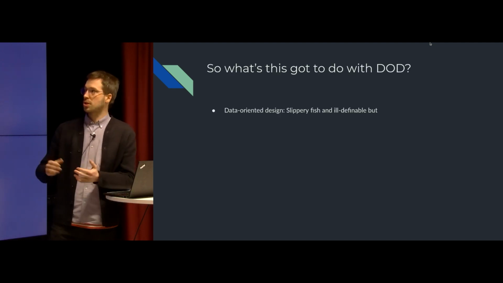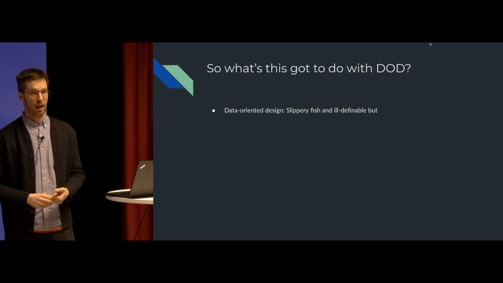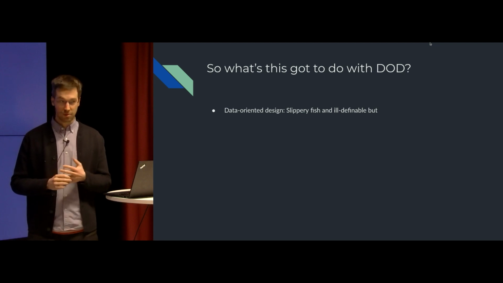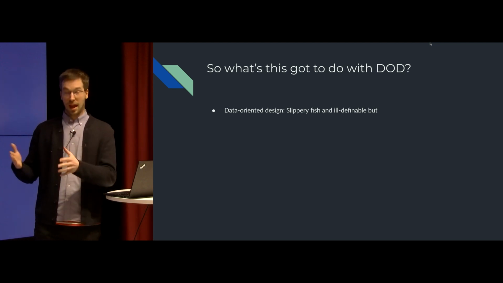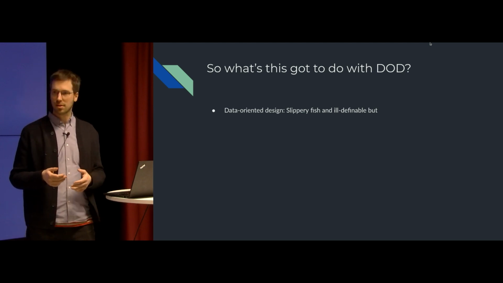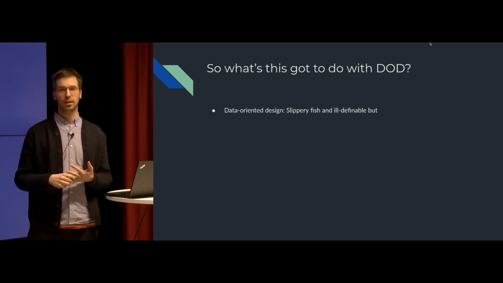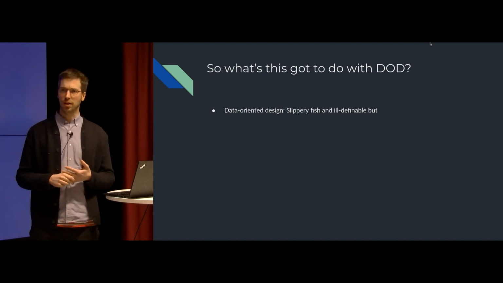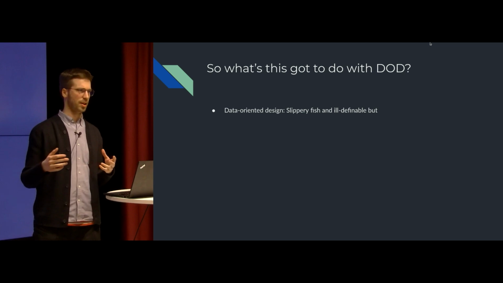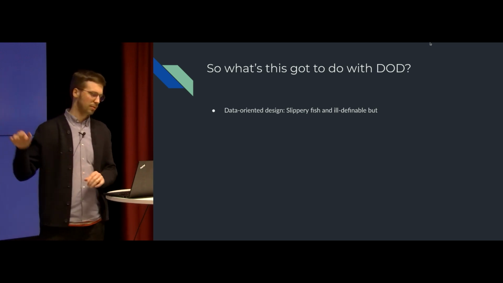Okay, so what's this got to do with data-oriented design at all? And what is data-oriented design? I'm not an expert. I heard about this stuff last year and thought, wow, that's really interesting. It's also something apparently kind of ill-defined. People seem to have different ideas of what is data-oriented design and what is data-oriented orientation. Lots of names.